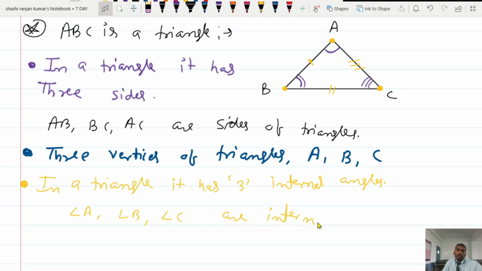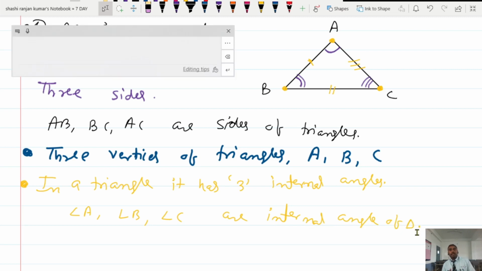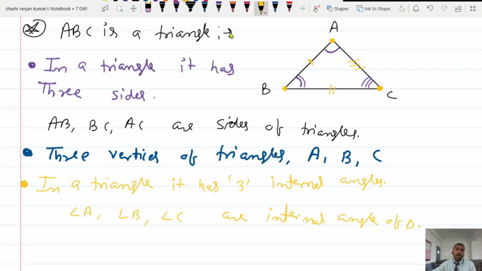These are the things that we must keep in mind. In a triangle we have a total of three sides, three vertices, and three angles. Got this? Are there any questions?